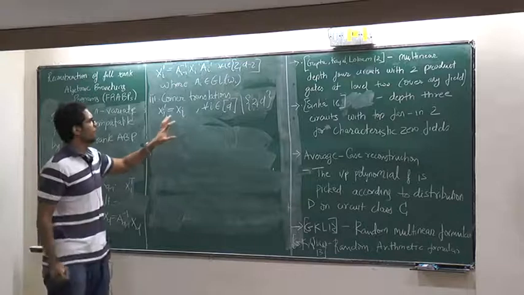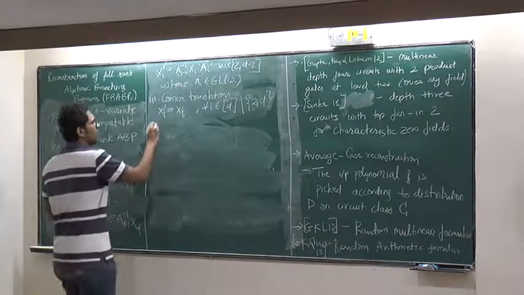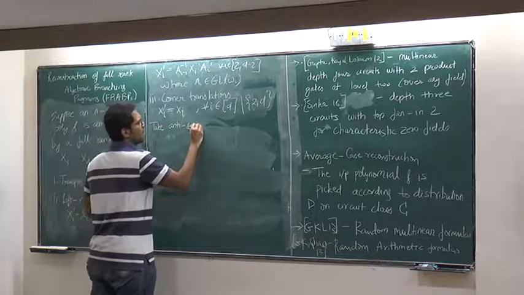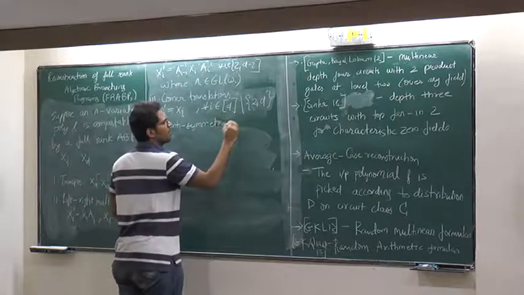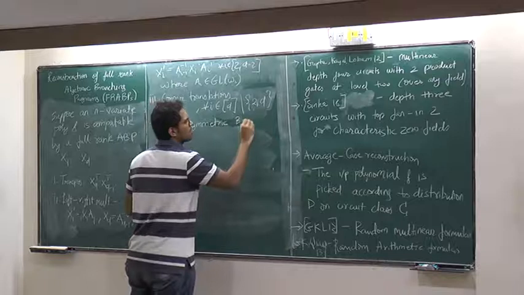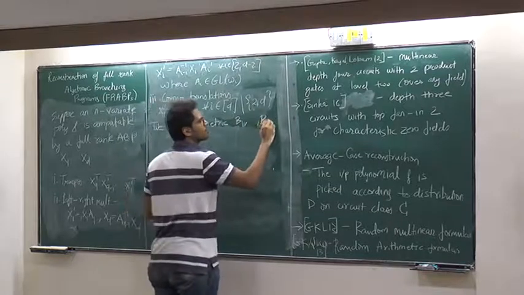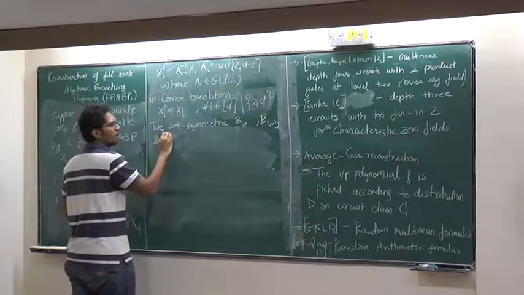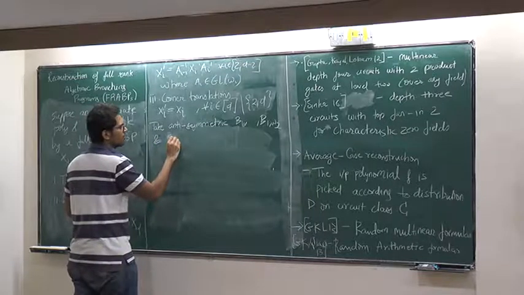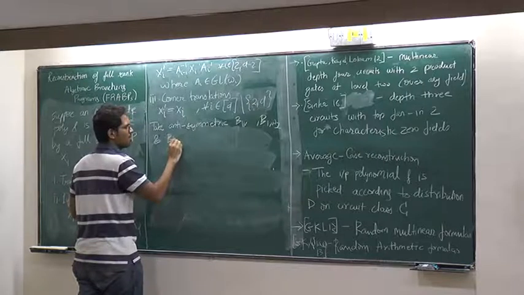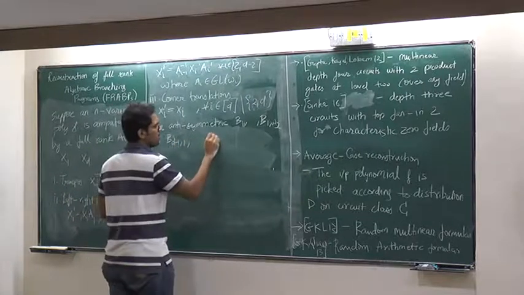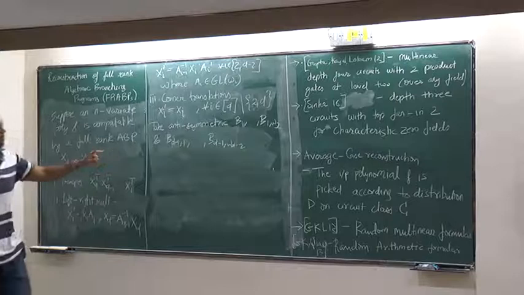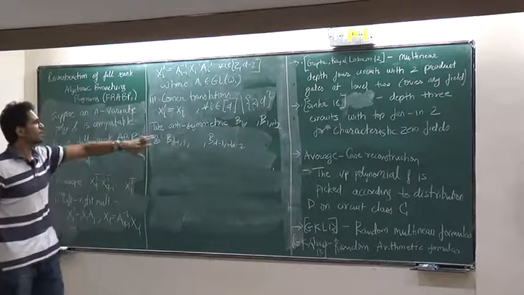The other matrices are the same, and now you take these antisymmetric matrices. I'll tell you what the construction is.